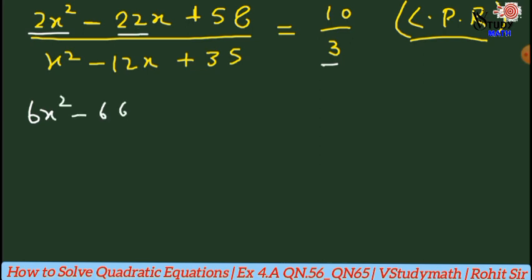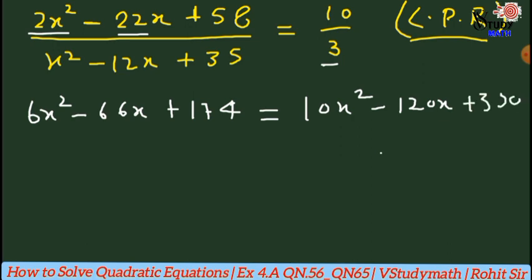And when this 3 multiplies here, we have 174. Now it is equal to 10x square negative 120x positive 350, because this 10 multiplies each and every term.